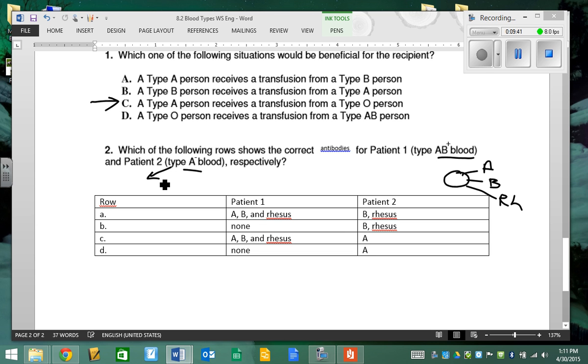When you have type A negative blood, you have A antigens, then you have the B and the rhesus factor antibodies because you don't have those antigens. So patient 2 has B and rhesus, not A. Patient 1 has none. So that means that B has to be our answer.